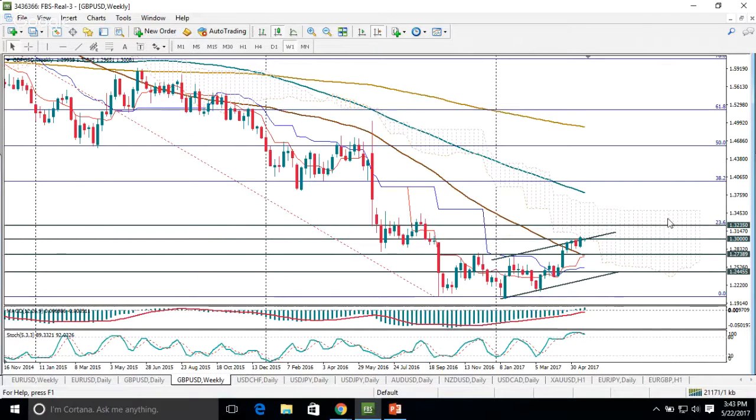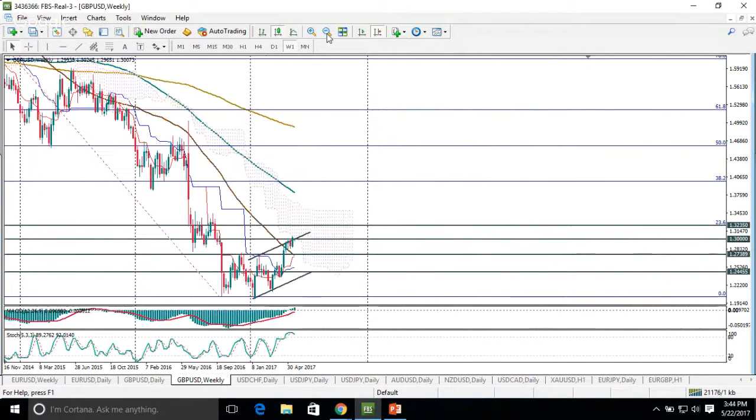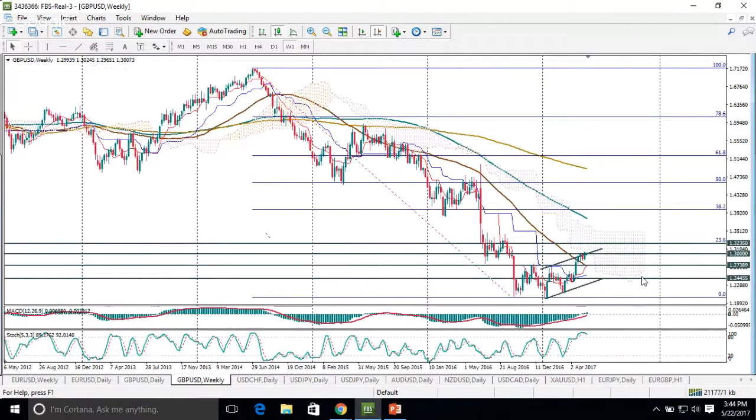If the bulls make a more convincing attempt to enter the cloud, then our target will lie around 1.3035. This is the 23.6% retracement of this big movement to the downside from the highest seen in 2013 to the bottom of 2016.